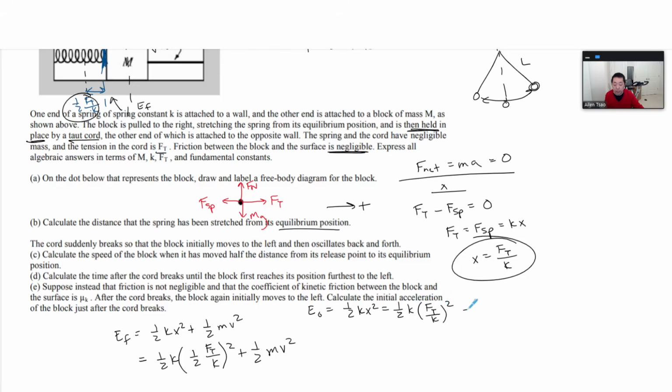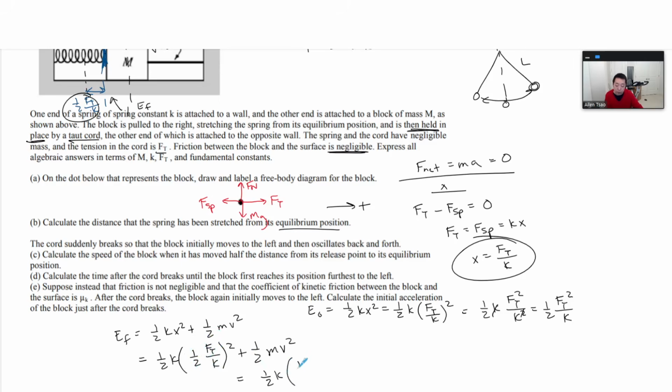Let's simplify this guy here. This is going to be 1/2 k times Ft over k, Ft squared over k squared. One of these k's will cancel, so I get 1/2 Ft squared over k. So I was just working on that initial one, and then here's the final one. Let's simplify this guy. This would be 1/2 k. I've got to square everything in here.